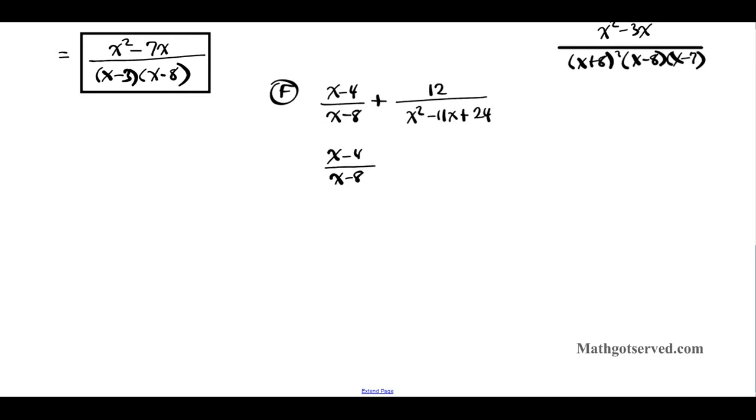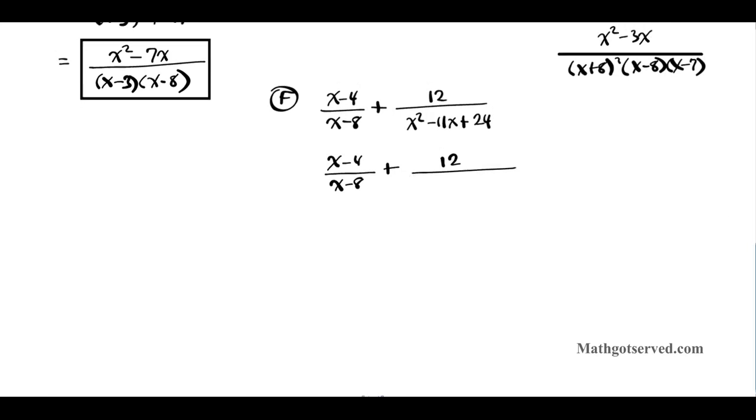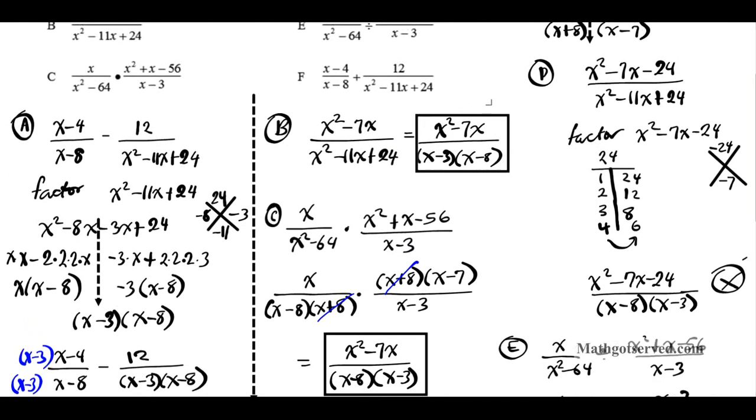So we need to factor this. We have already factored this one earlier in letter D. We factored that. So let's go back and see what it was factored into. That's the denominator here. We also did it in B. It factors into x minus 3 and x minus 8. We also did it in A, x minus 3, x minus 8.